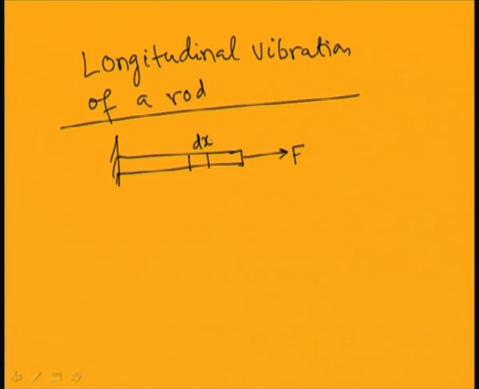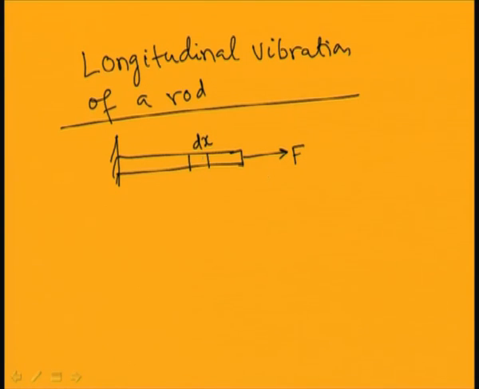By taking a small elemental length dx I can study the longitudinal vibration of the rod. In longitudinal vibration, the vibration of the rod takes place along the length of the rod. So in this case I can find the equation of motion.